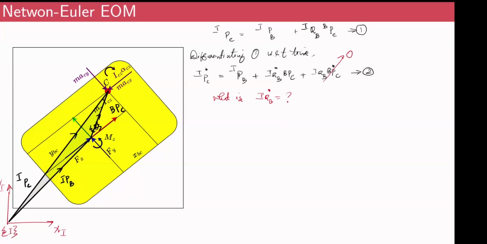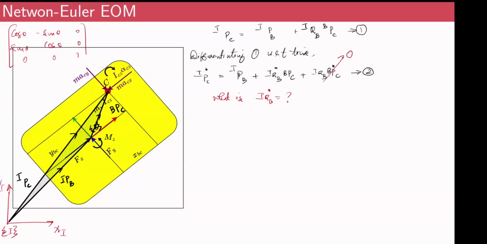You know how the rotation matrix looks, right? It's cos theta, minus sine theta, 0; sine theta, cos theta, 0; 0, 0, 1. Where theta is the orientation between the body fixed frame of reference and the inertial frame of reference, right?